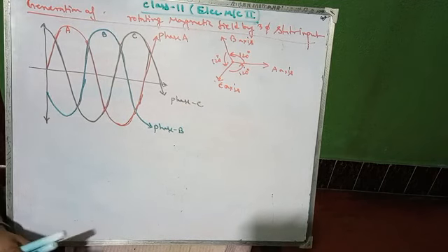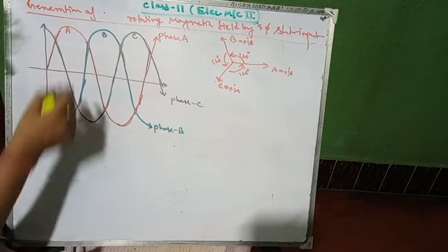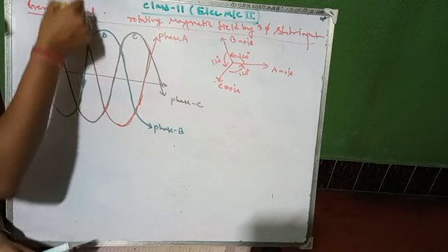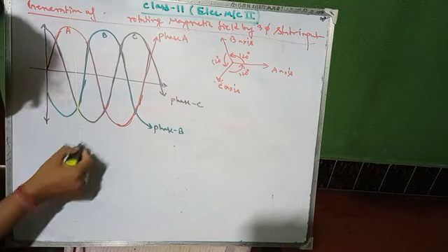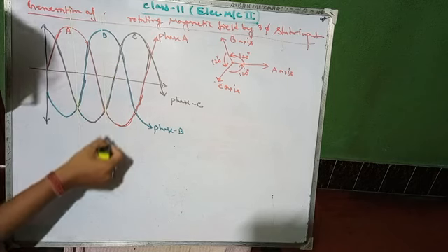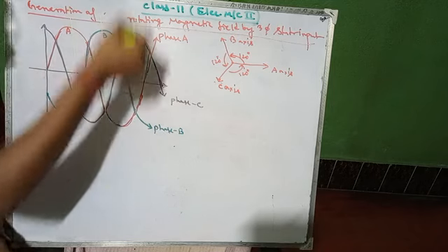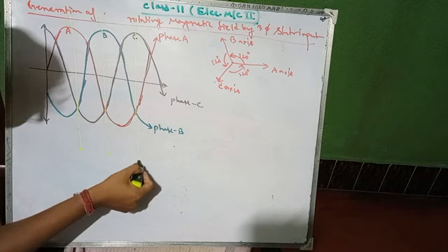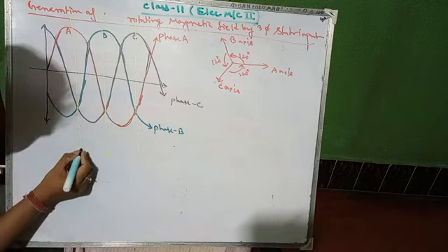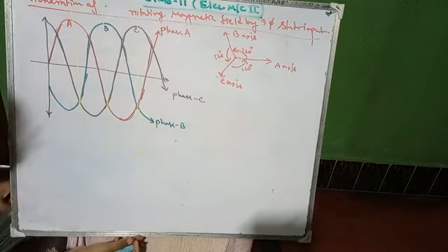Okay, ready. Now I am taking 3 instants: first instant, second instant, and third instant. At the first instant, I think this type of concept I have already given to you.